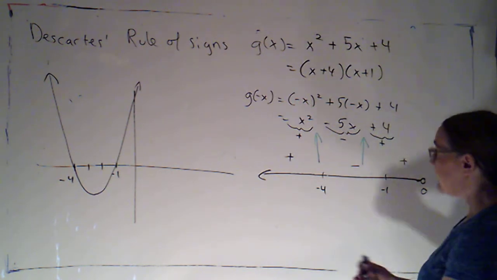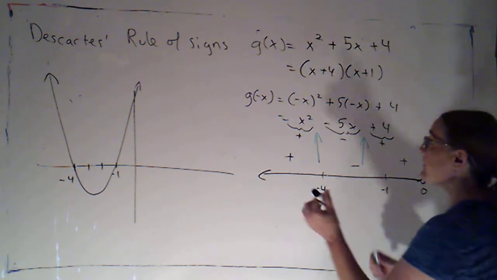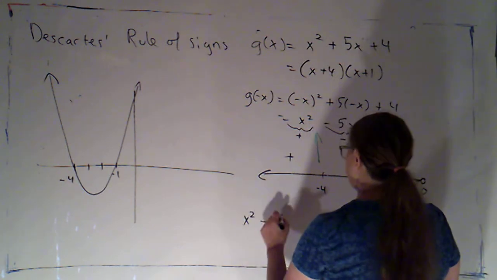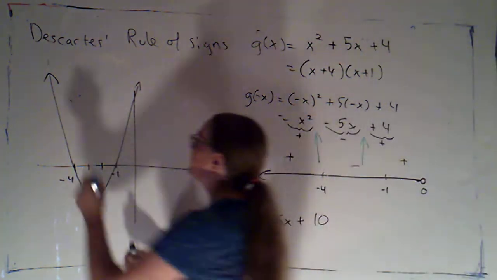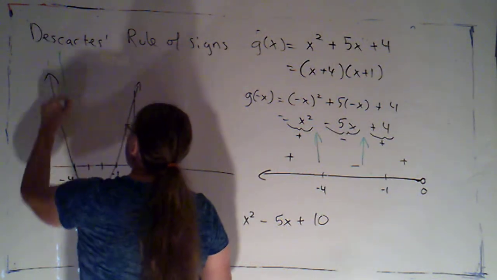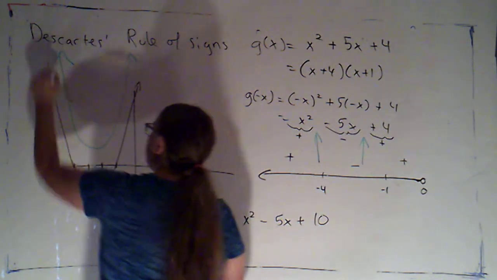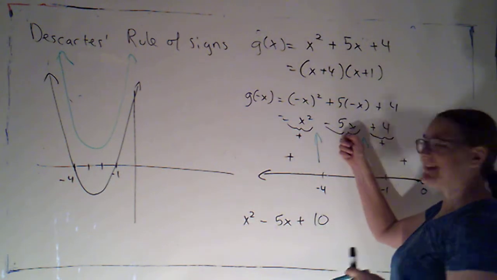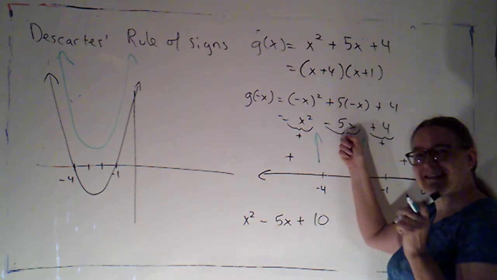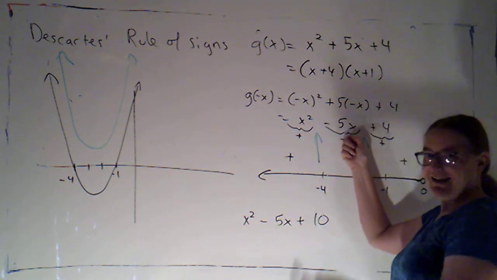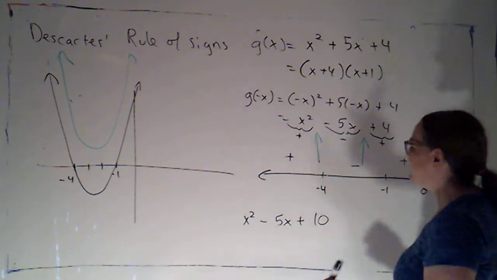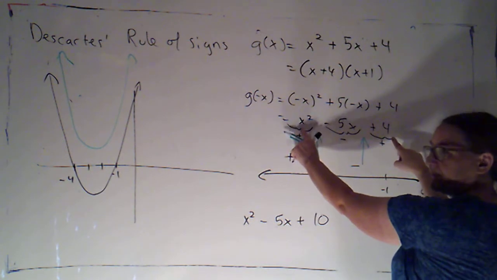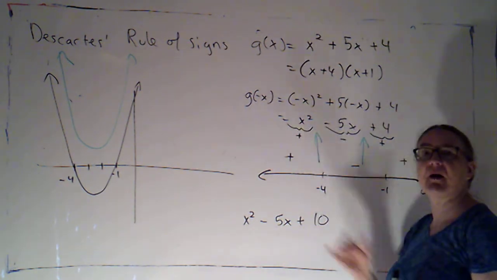But once again, it would be possible if I were to change this to be x squared minus 5x plus 10, that I would lift this up so high that I basically take away the power of that middle term. It's never big enough so that the fact that it's negative brings the entire polynomial down. It's always going to be counterbalanced by these two guys working together to make it positive.